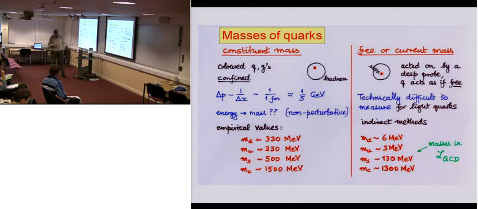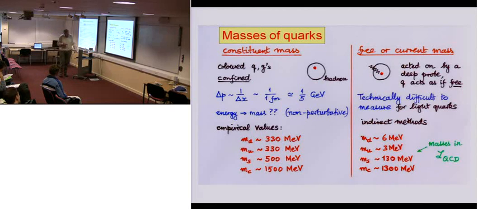If you go up to a strange hadron, such as a lambda, which is made of a U, D, and an S, you see that the S is a bit heavier. And then if you look at charm particles, which are mass about 3 GeV, you can see the mass of the charm quark's going to be about 1500. So these are just what we call the constituent masses, the non-perturbative constituent masses.